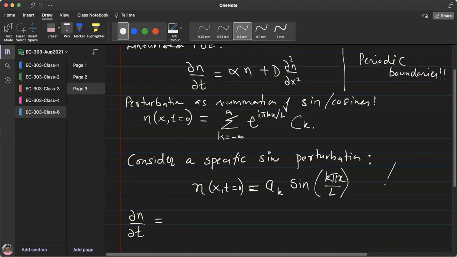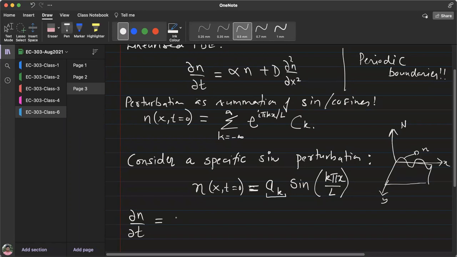Think of the space: this is the homogeneous equilibrium, x-axis and y-axis, and the z-axis is the state variable n. Think of a perturbation that looks like this at time t equals 0. The only way this will change over time is if the amplitude A_k changes over time.